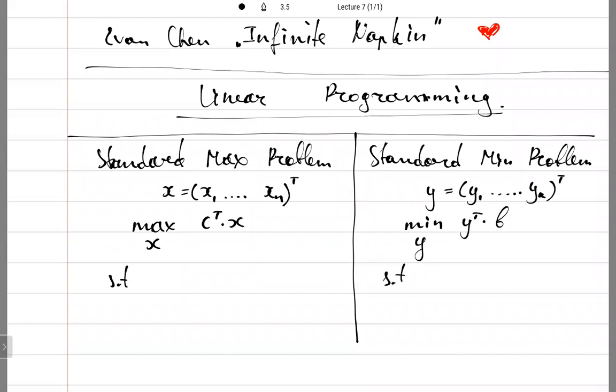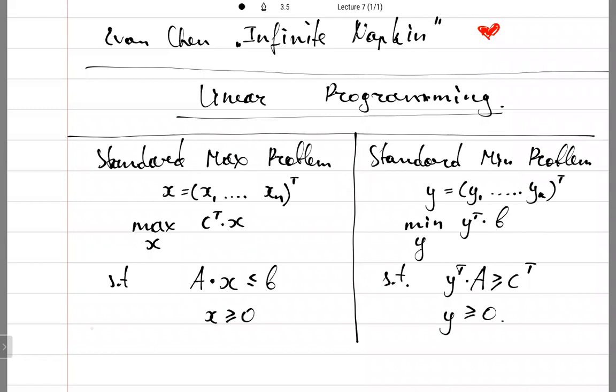In the standard maximization problem, I will have the constraints a times x is less or equal than b. In the minimization problem, I will have the constraint y transposed times a is greater or equal than c transposed. And I have non-negativity constraints. x is greater than or equal to 0, y is greater than or equal to 0.